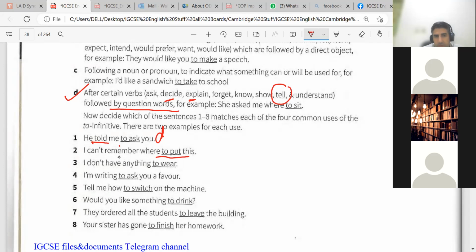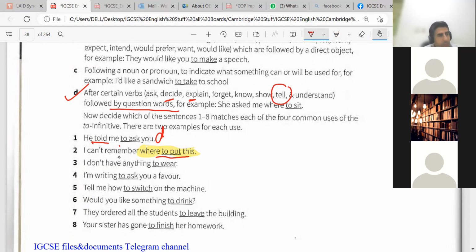What is the question word here? Where. Question word. After this question word, you need to use the infinitive. Look, to put. Clear now? Yes. Right.